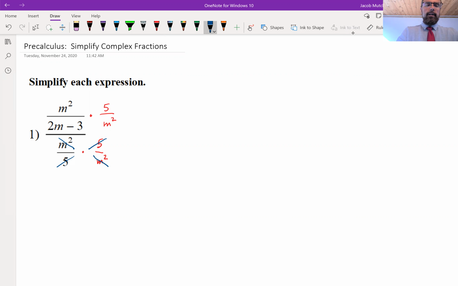Once I've got that arrangement, I just need to multiply across. So this is now m squared times 5, which is 5m squared, all over 2m minus 3, also times m squared. Now I want to simplify that down as much as possible.